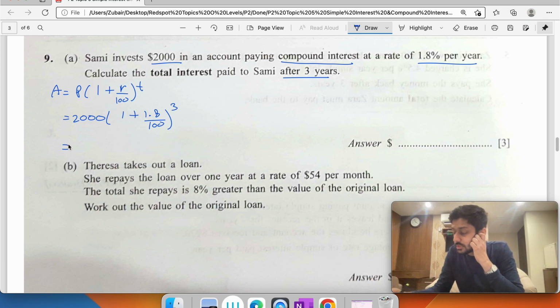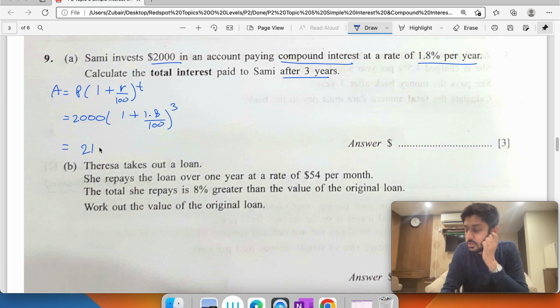So 2000 times bracket 1 plus 1.8 by 100 bracket closed and raised to the power 3. So this is 2109.955.